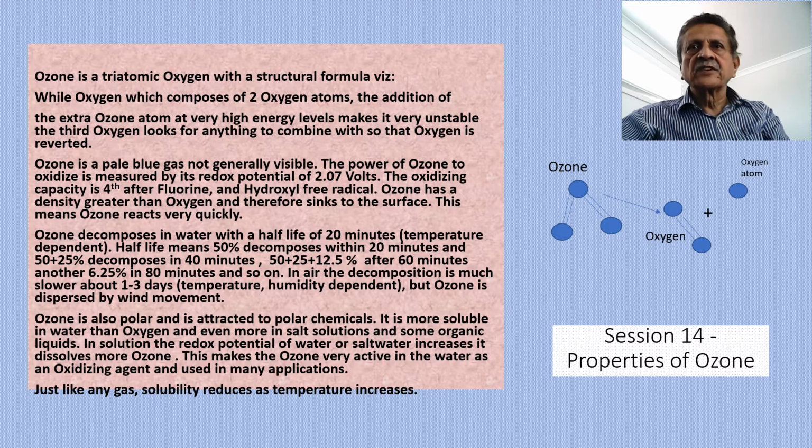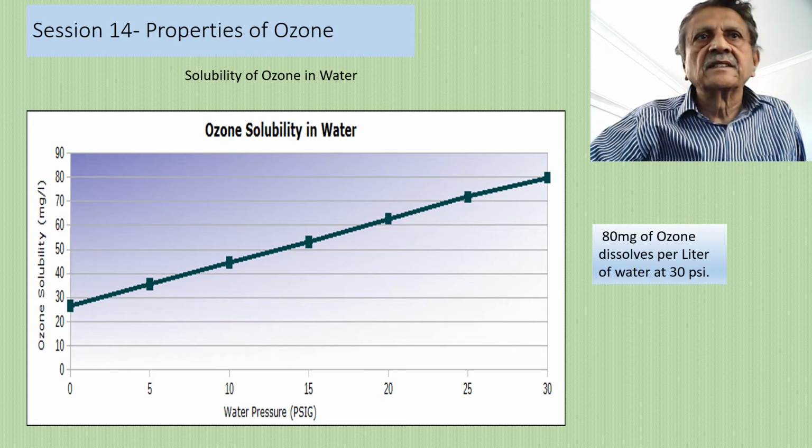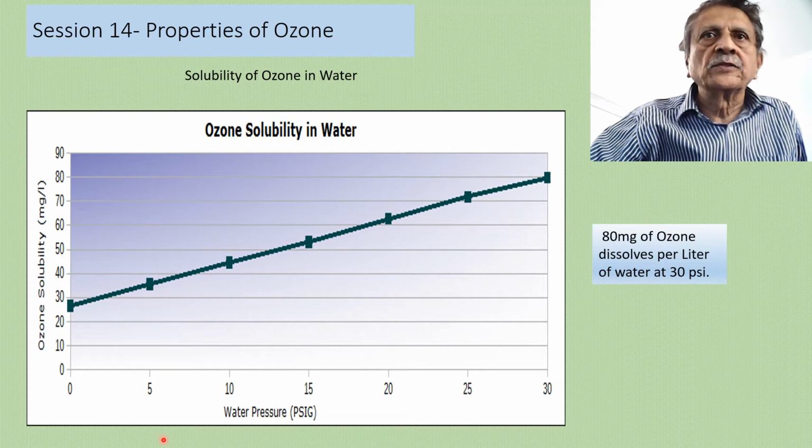In solution, the redox potential of water or salt water increases as it dissolves more ozone. This makes the ozone very active in the water as an oxidizing agent and used in many applications. Just like any gas, solubility reduces as temperature increases. This chart represents the ozone solubility in water with respect to water pressure.